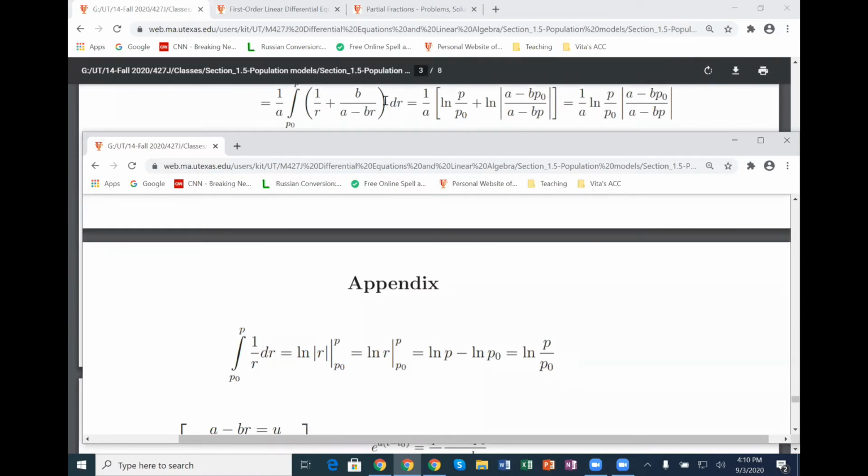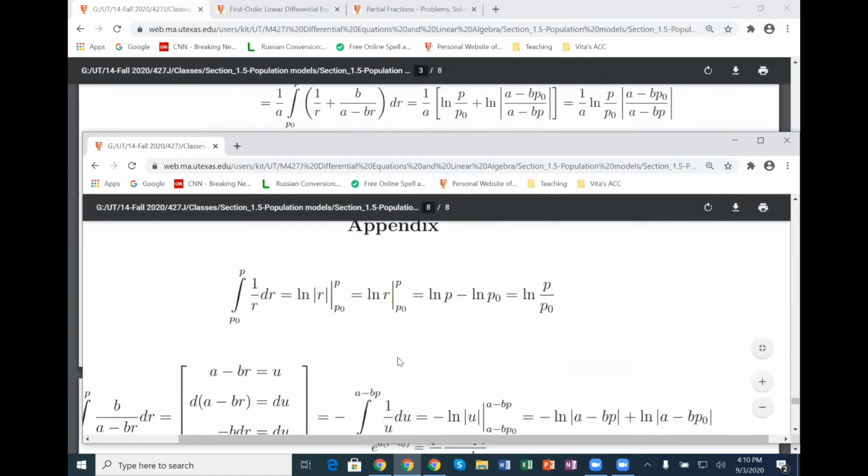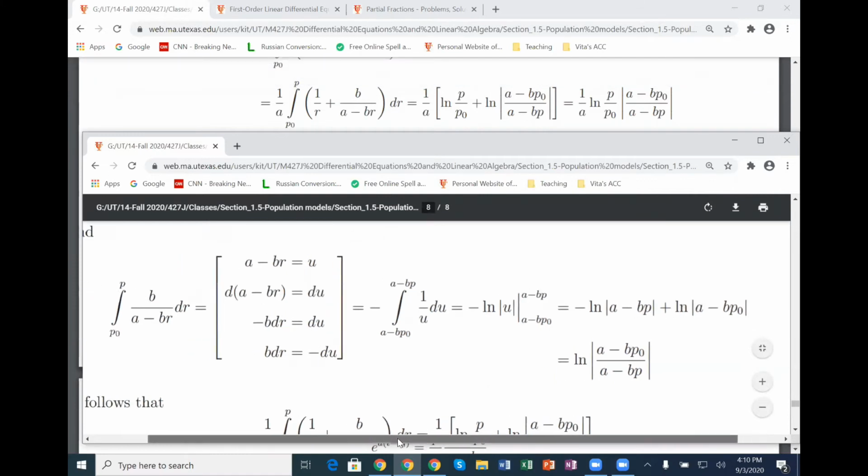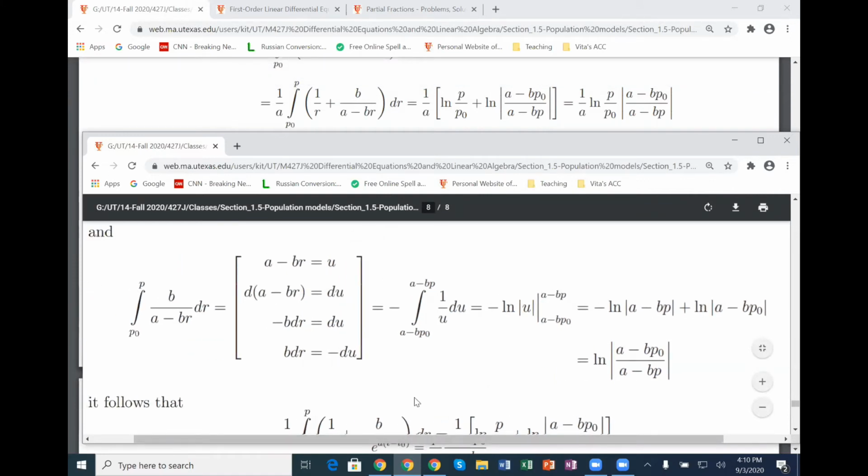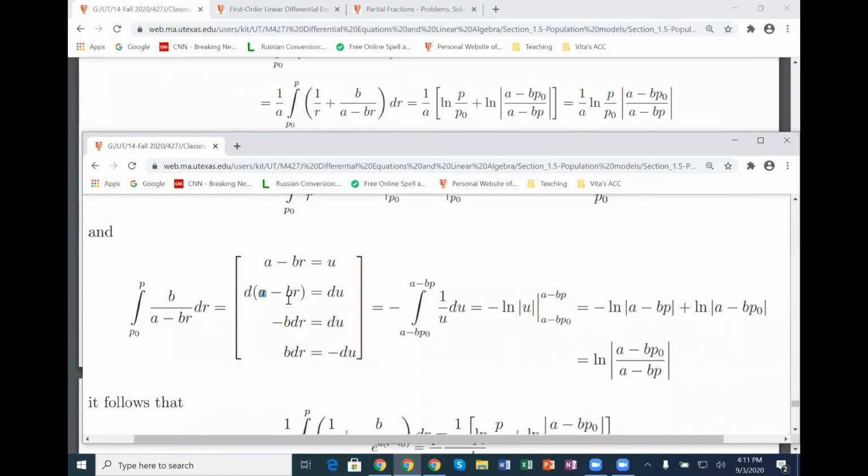Next step, how do we integrate this function? It's over here. We use u substitution. Let us denote a minus br, which is over here, by u. We put d from the left and d from the right. A is a constant. Derivative of a constant is 0. Negative b is a constant. Therefore, derivative of negative br is negative b.